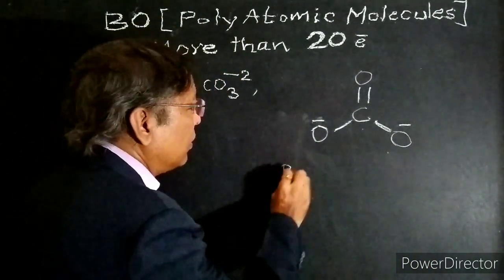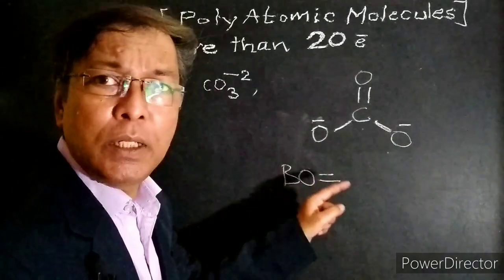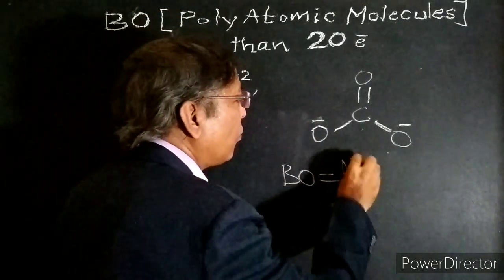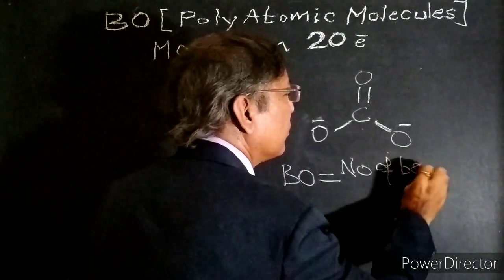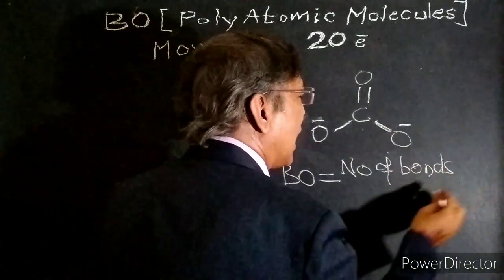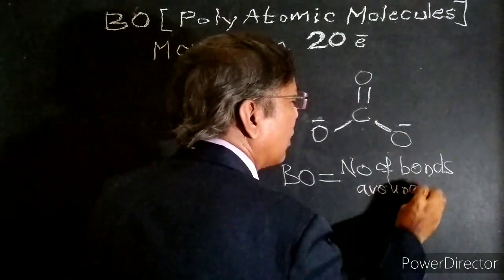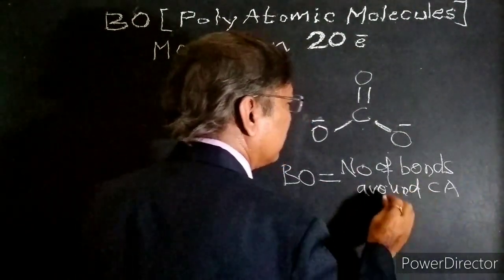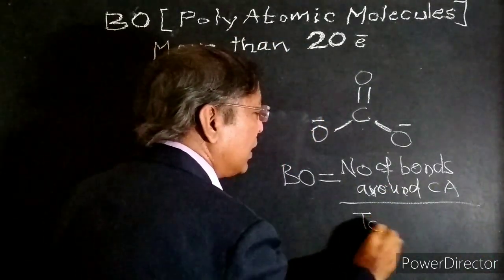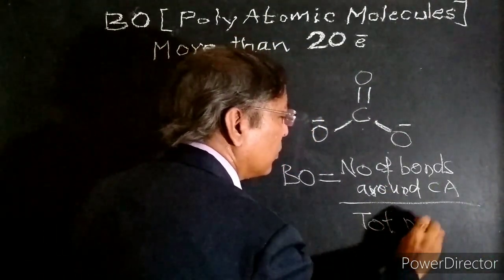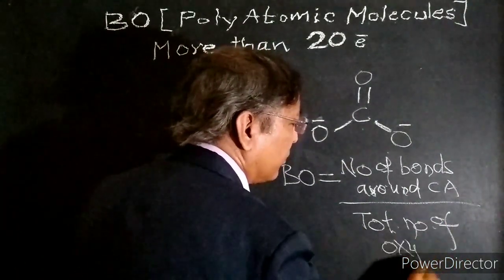Bond order equal to, this is the super trick, bond order is equal to number of bonds around central atom divided by total number of oxygen atoms.